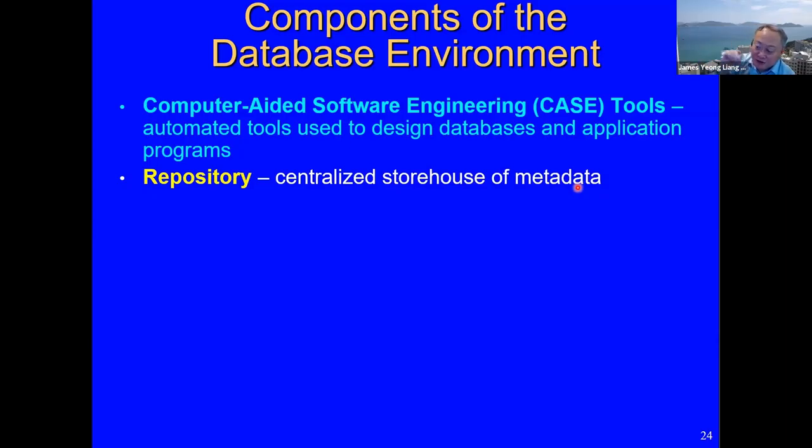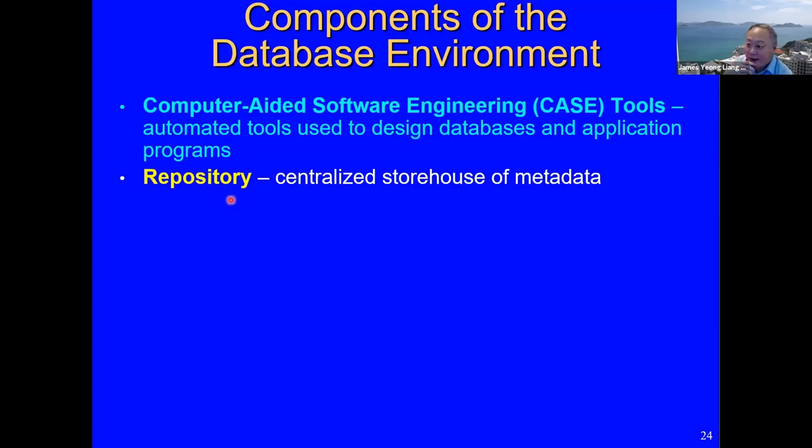Now, you also need to store data about data, which is the metadata, because the metadata describes the meaning of each of the data inside each column of each table, okay? When the metadata is very large, in the case of a database that has hundreds of tables, then we need to store it in a separate database. And that separate database is called a repository, okay?